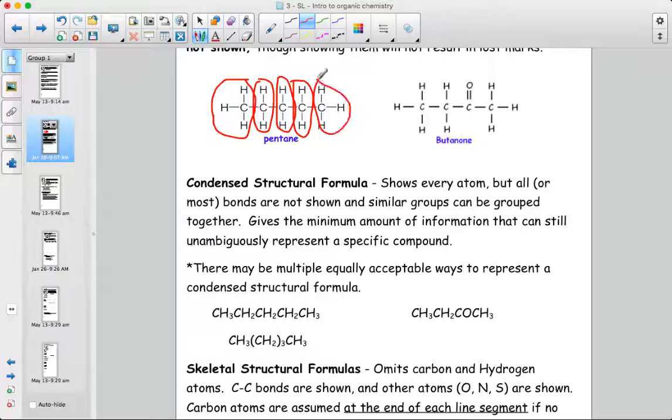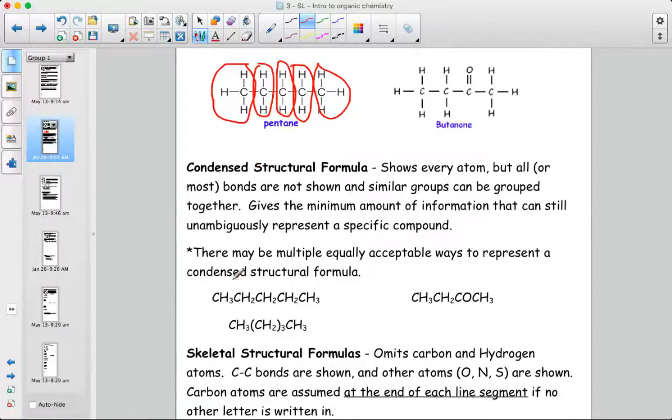So you'll often think about carbon chains as sort of these little bits put together. And so if you look at the condensed structural formula down here, that's how it's written: CH3, CH2, CH2, CH2, CH3. So it's a bit more helpful than just seeing C5H12. It tells you exactly the groupings that piece together.